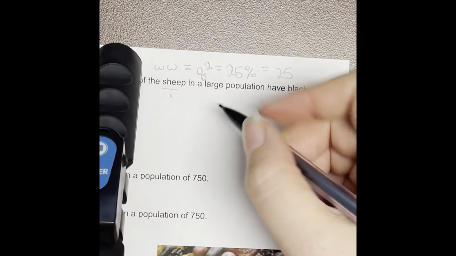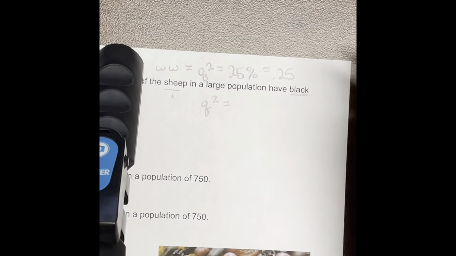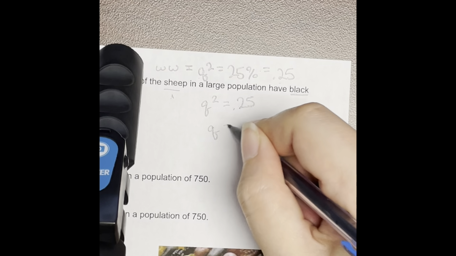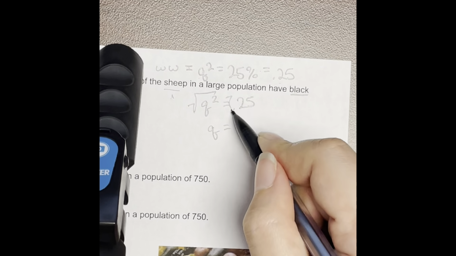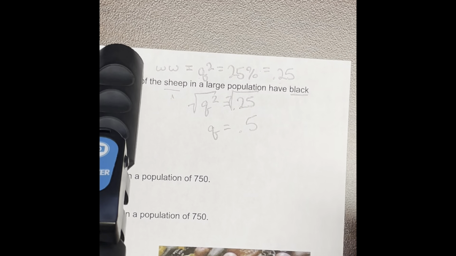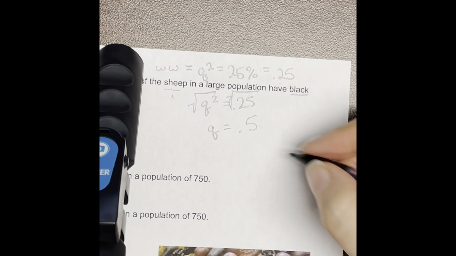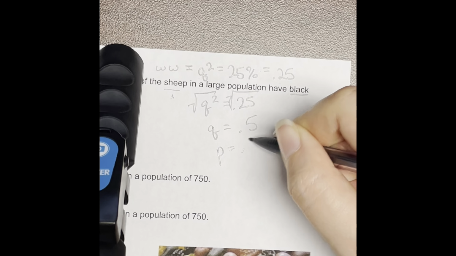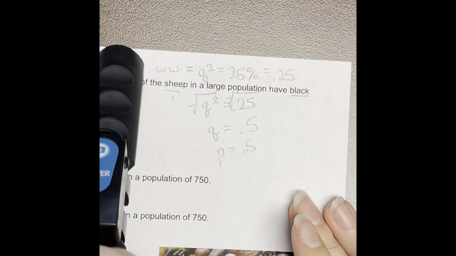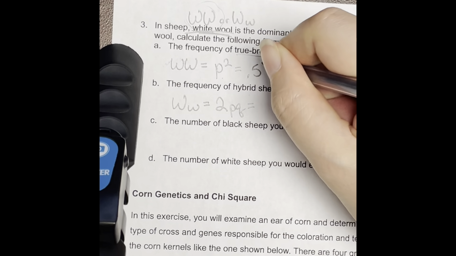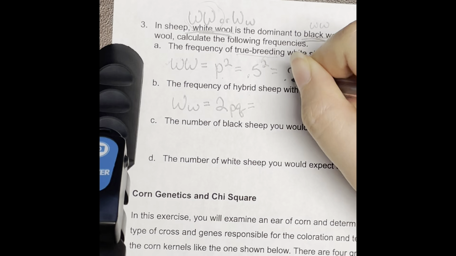If we know Q squared is equal to 0.25, in order to find Q, all I have to do is square root both sides. So Q is equal to 0.5. This seems like kind of a big number, but it ends up working out because 1 minus 0.5, P must also equal 0.5. So let's plug in our numbers. 0.5 squared is the same as 0.25.